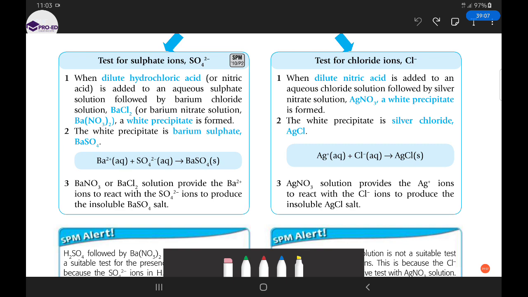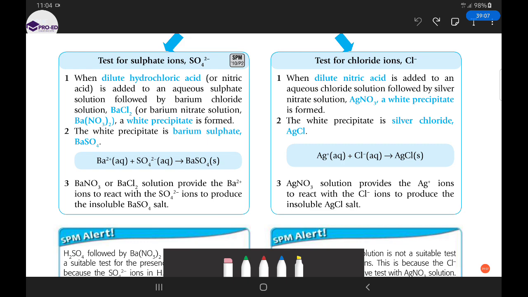Number 1, dilute hydrochloric acid is added to an aqueous sulfate solution that you have in your test tube. Then you need to add barium chloride solution. If you don't have barium chloride solution, you could use barium nitrate solution. Totally up to you. After you add dilute hydrochloric acid, you add in either barium chloride or barium nitrate, whichever you have.